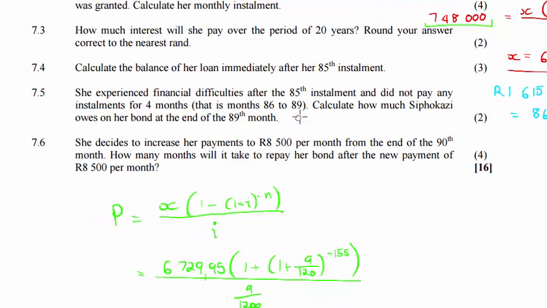She experiences financial difficulties after the 85th payment installment, and did not pay any installments for 4 months, that is from month 86 to 89. Calculate how much Sibukazi owes on her bond at the end of the 89th month.